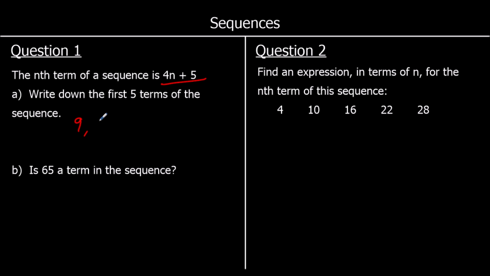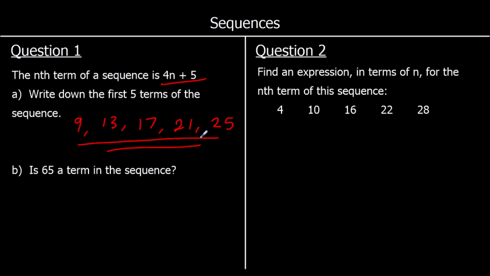The second term is when n is 2. 4 twos are 8, plus 5 is 13. The third term is when n is 3. 4 threes are 12, plus 5 is 17, and so on. But we can see this sequence is going up in 4s, so we can just add 4 and add 4 again. So they are the first 5 terms.